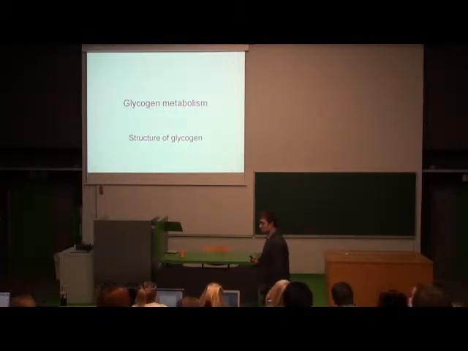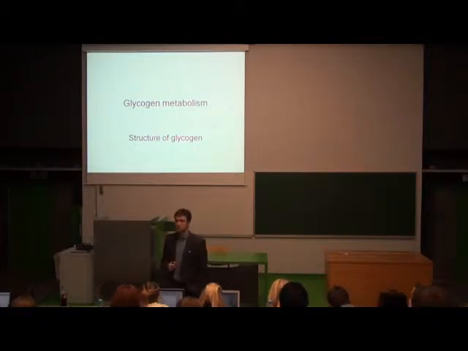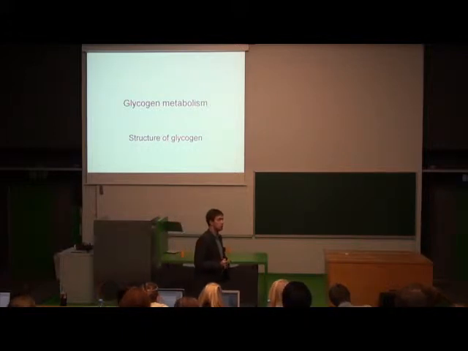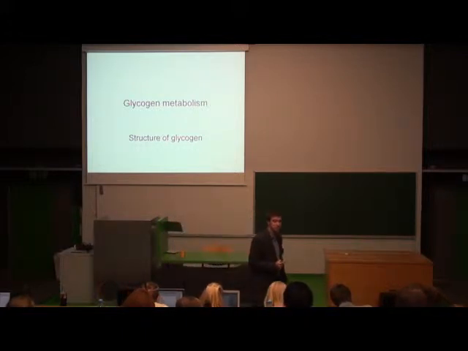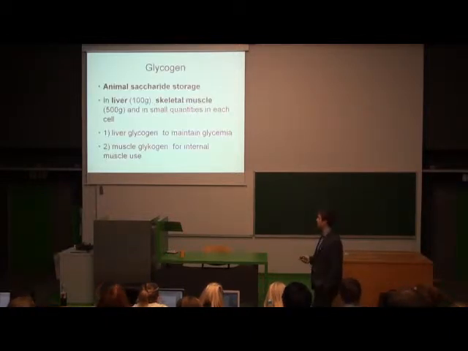So what's glycogen? What's its structure? That you should know. So polymer of glucose. Yes, so it's the polymer of glucose. What type of bonds you can find in glycogen? Alpha 1,4, alpha 1,6.